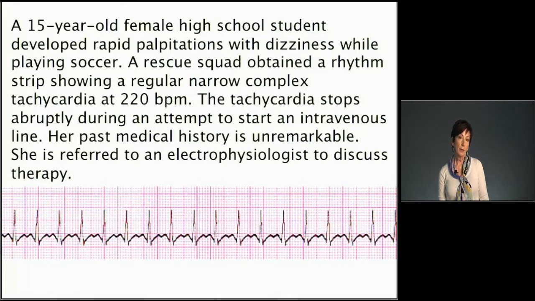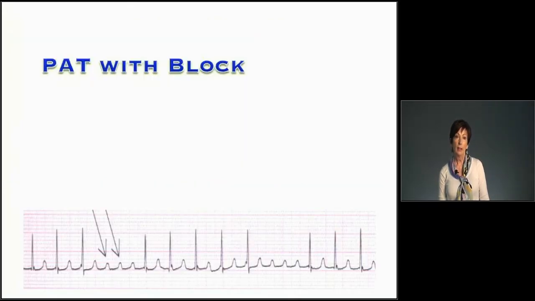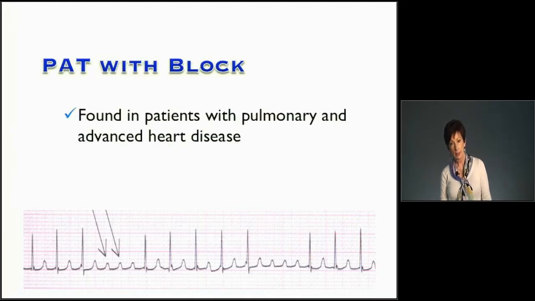All right, now there's another type of atrial tachycardia, or another manifestation of focal atrial tachs, and that's when you have a paroxysmal atrial tach that doesn't conduct all of the Ps. So that's referred to as PAT with block. And sometimes that's a good thing, because if every one of those Ps were conducting, that rate would be very fast.